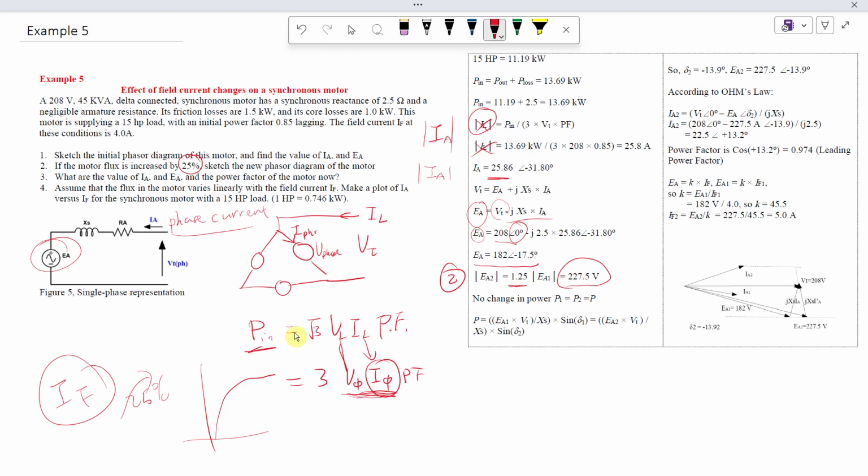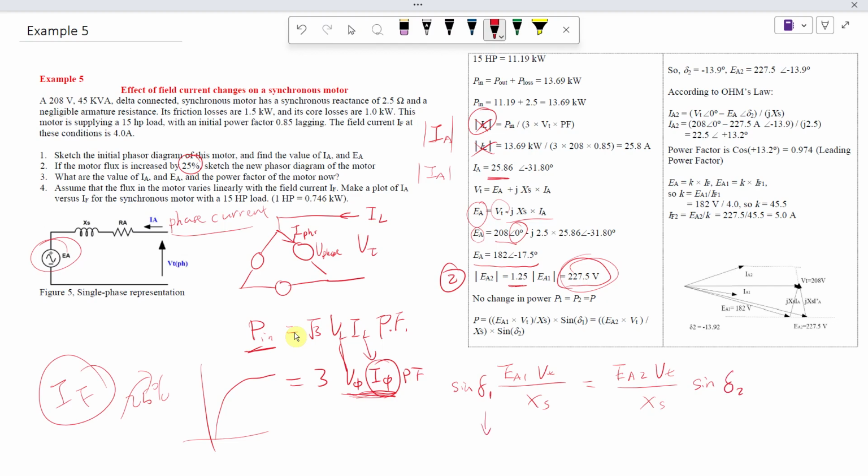The P here is EA1 VT over XS times sine delta 1. That's the power for the first section, the original one, and it equals the new internal voltage, same terminal voltage, over XS, times sine delta 2.